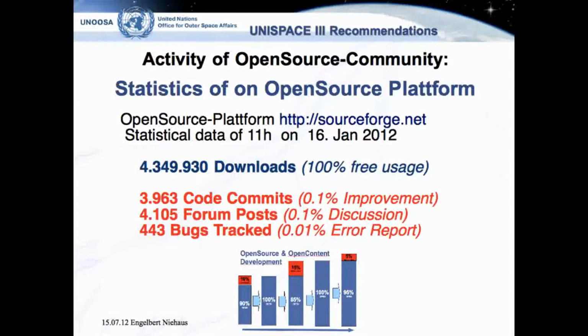So if we look on an open source community portal, which is sourceforge.net, I took 11 hours of statistical data from January 16th, 2012. It's just 11 hours and it's an average download of all open source projects hosted by sourceforge.net, and it's just one open source portal.